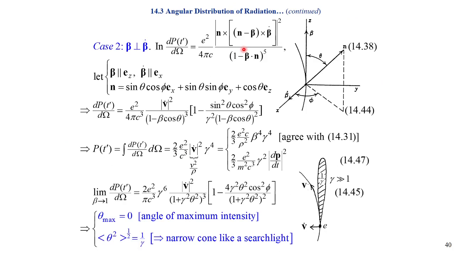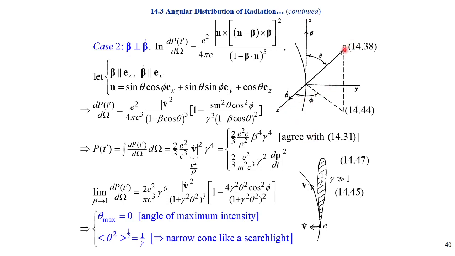Case 2, that means beta is perpendicular to beta dot. We will use this one. Let's use this one again. And remember, we have a correction. Okay, so a particle moves in the z direction, but beta dot is in the x direction, x, y, z.